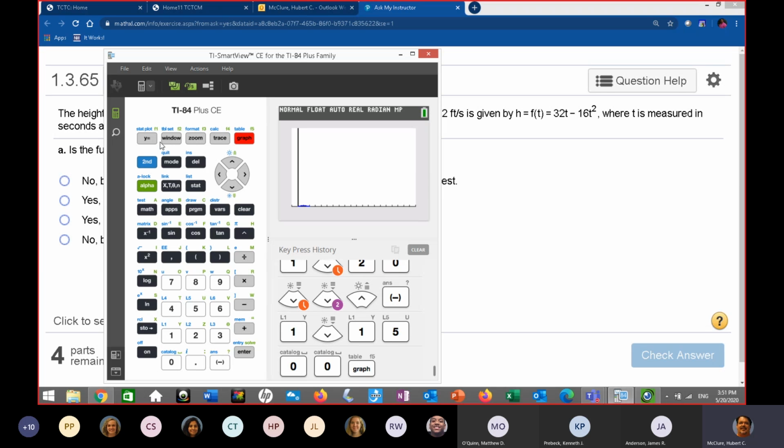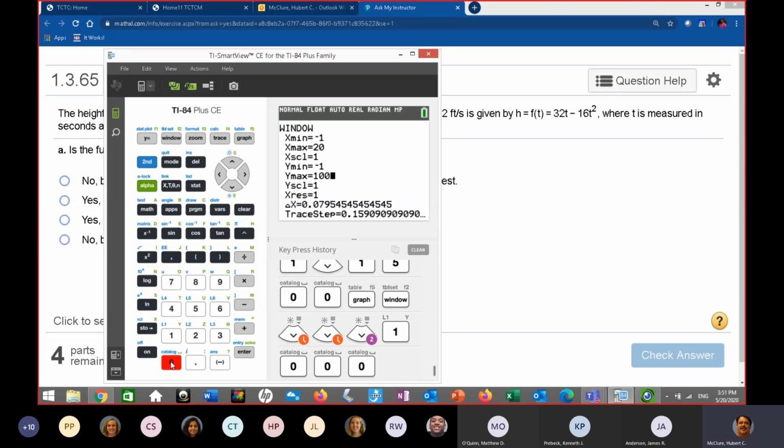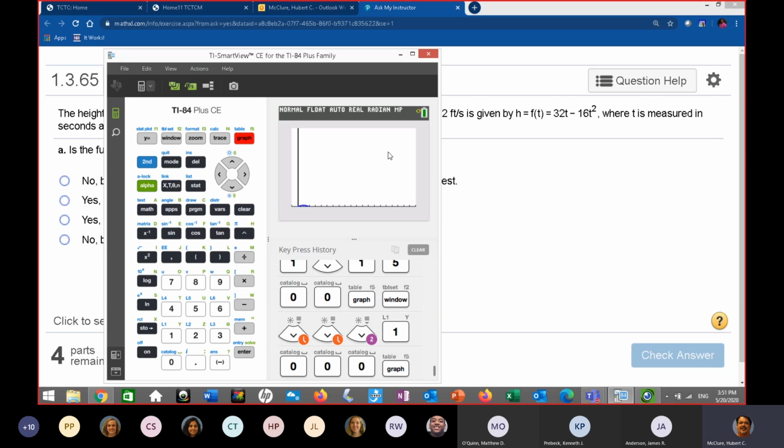Wait a minute, I think I know what's wrong. Let me try 1,000. The parabola is facing downward because it's negative. All you're seeing is the top of the function.